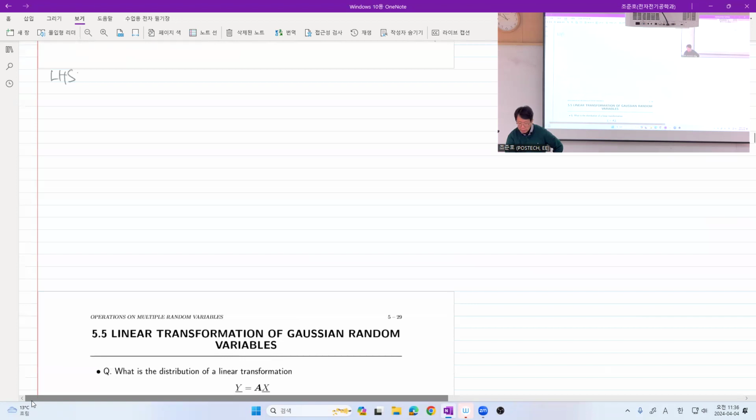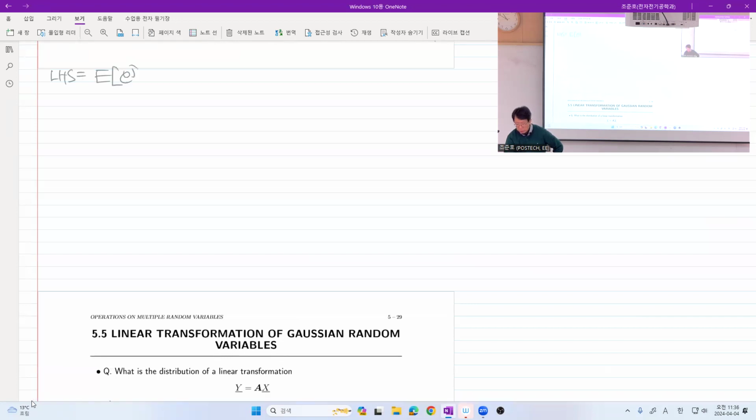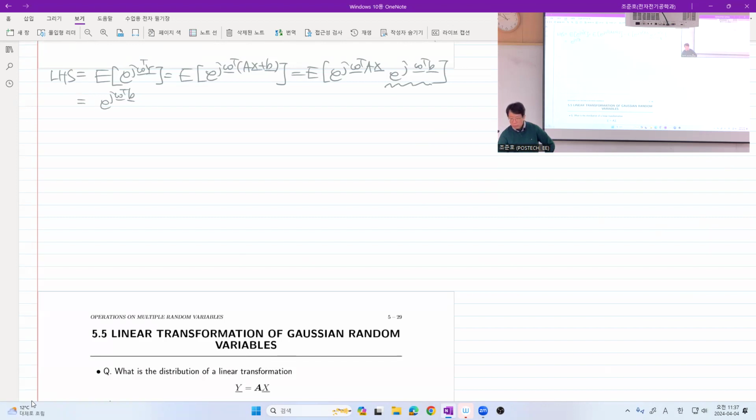So the left-hand side equals the expectation of e to the j omega transpose y. And in the affine case, we have e to the j omega transpose (Ax plus b), right? And this is simply due to linearity. We have this one. And let me take e to the j omega transpose b out because it's not random, right? It's a scalar, so I have taken it out.